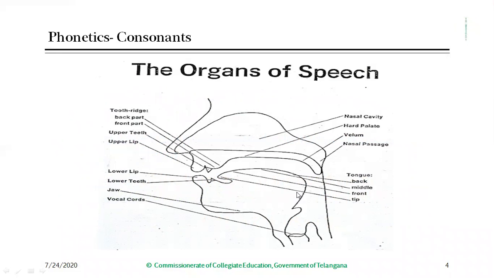Tooth ridge, back part, front part of the tooth, upper teeth, upper and lower lips, lower teeth, jaw, vocal cords, nasal cavity, hard palate, velum, nasal passage, and different parts of the tongue like back part, middle, front, and the tip of the tongue. These are the vital organs of the speech that help us articulate sounds.